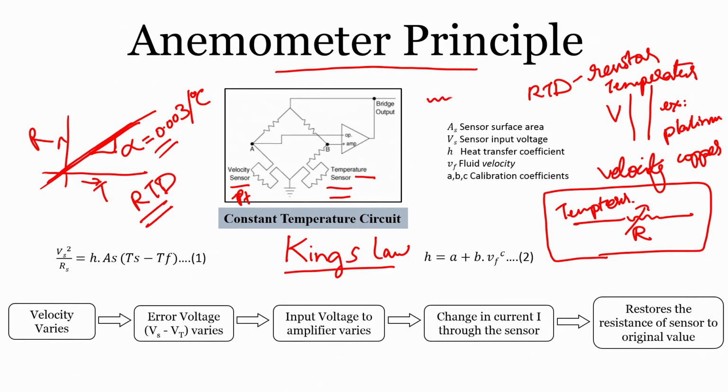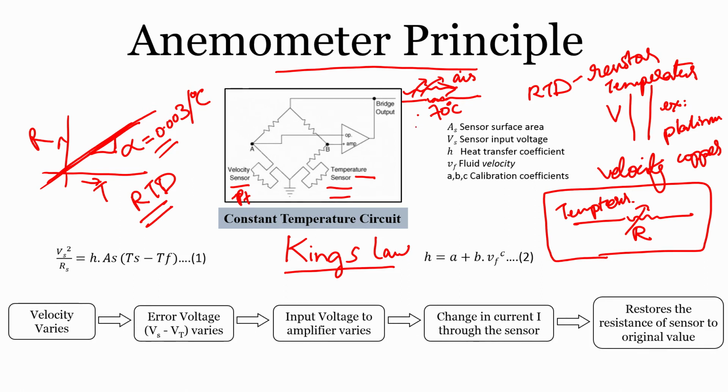So, assume this is my sensor and I am driving the sensor at 70 degrees Celsius, but when the fluid flows through this heater, what happens is, because of convection, the heat is taken away from the heater to the fluid here, assuming air is the fluid here.